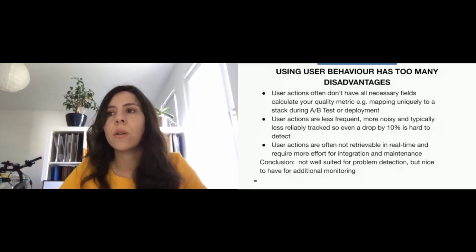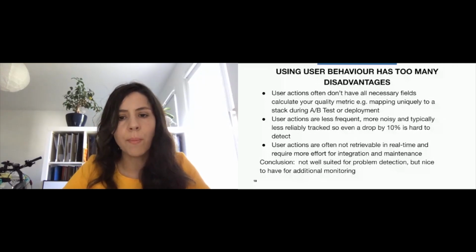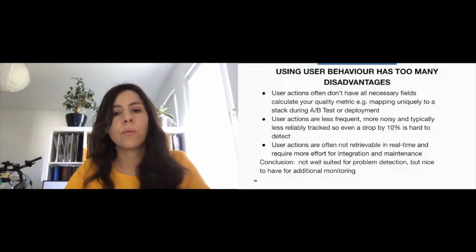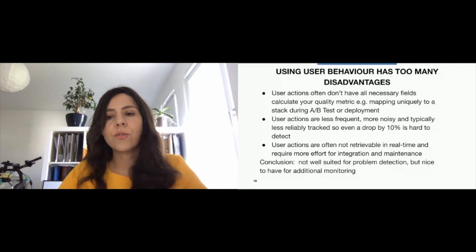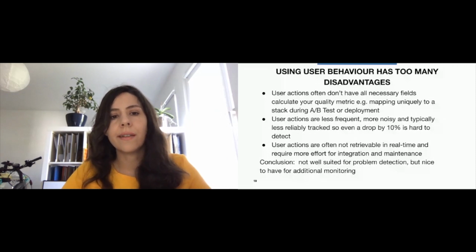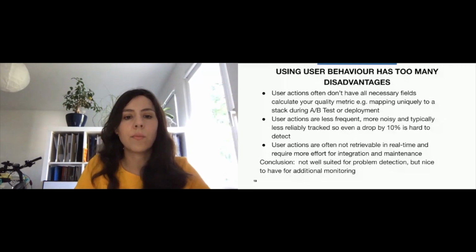So even when you have a 10% drop, because you released a small bug or the client released a bug, this is very hard to see in the user reactions. So actually it's easier to see at the point where you return that something dropped by 10%.